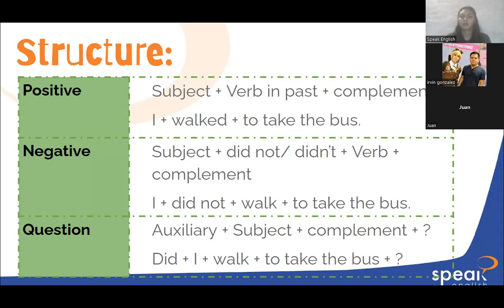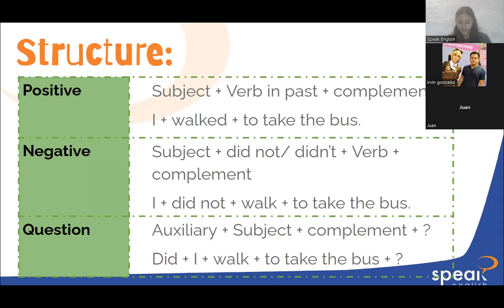I buy some fruit. Is it correct? Let me remember the past of buy. Bought. It's I bought. Yes, I bought some fruit. Okay, and what about drink?